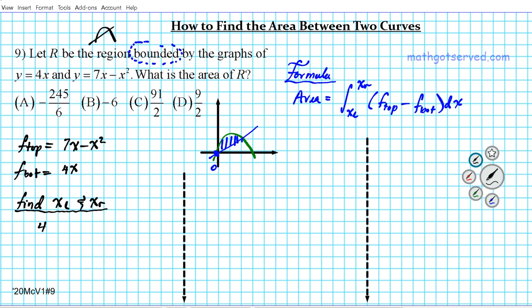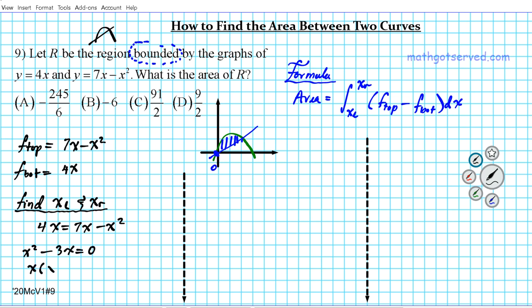Okay, so we have 4x is equal to 7x minus x squared. We can add x squared to both sides and subtract 7x from both sides. So you have x squared minus 3x equals 0.